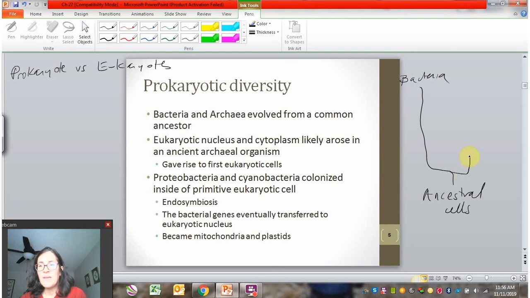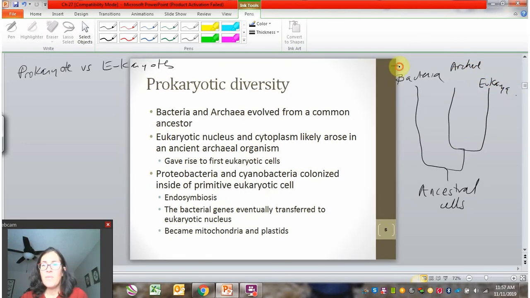And then we have a separate lineage that comes from that very early split, and that separate lineage will give rise to archaea and eukarya. So remember that the top of my tree is my modern day organisms. And again, this is way back in time. So we have two splits that give rise to our three major lineages of organisms.